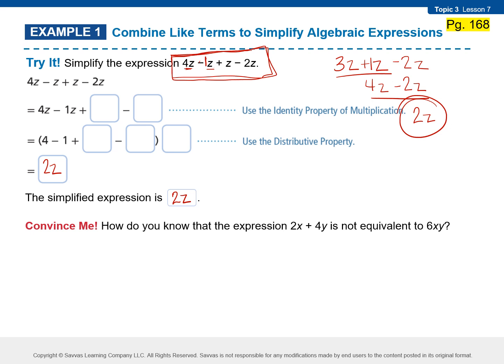Look at the convince me on example 1. How do you know that the expression 2x plus 4y is not equivalent to 6xy? Okay, so the thing is, when you combine like terms, remember they have to have the same variable. So you cannot just put the x and the y together and make an xy. So how do we know that they're not equivalent?